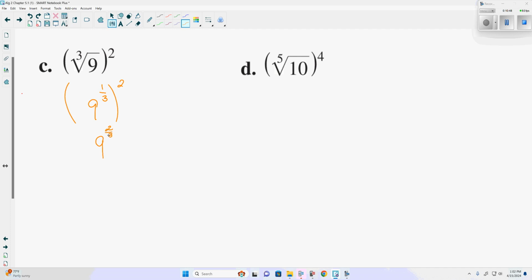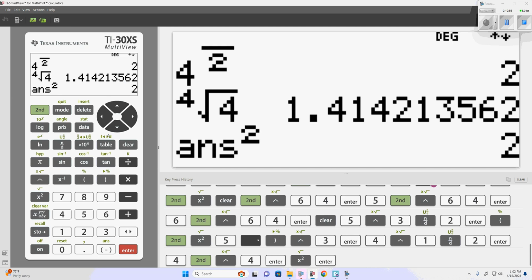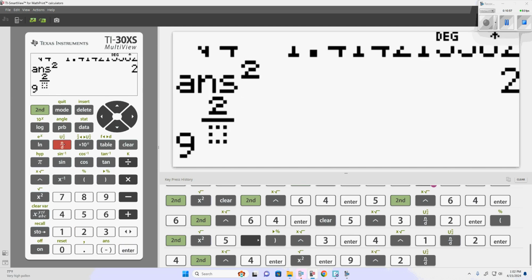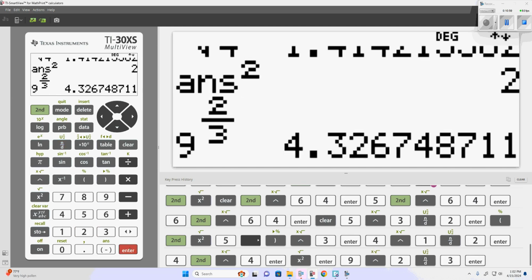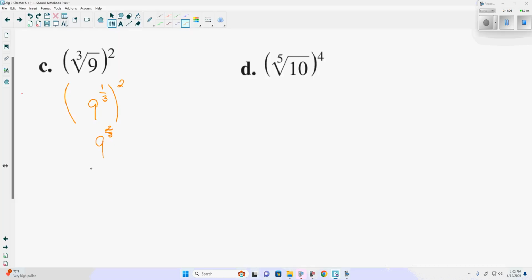Now, we could plug this in and see what we get. 4.327, but it doesn't give us a nice number. So if it did ask us to round, we would do that.